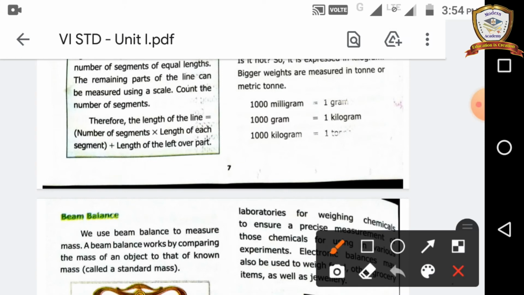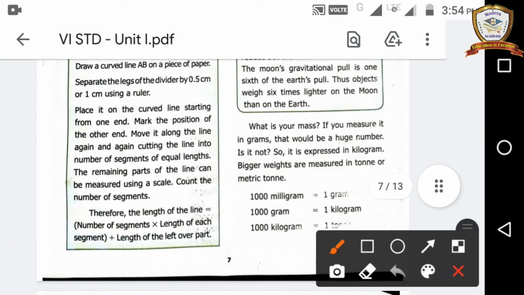What is your mass? If you measure it in grams, that would be a huge number, is it not?